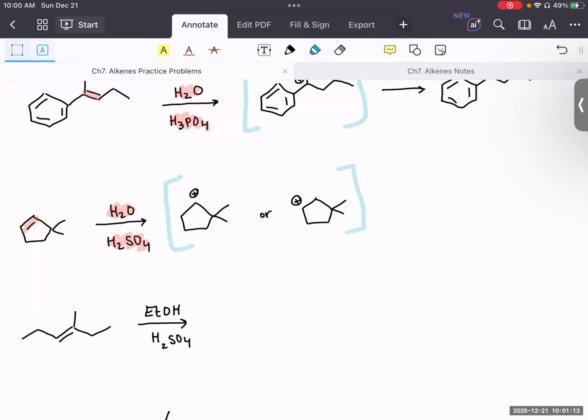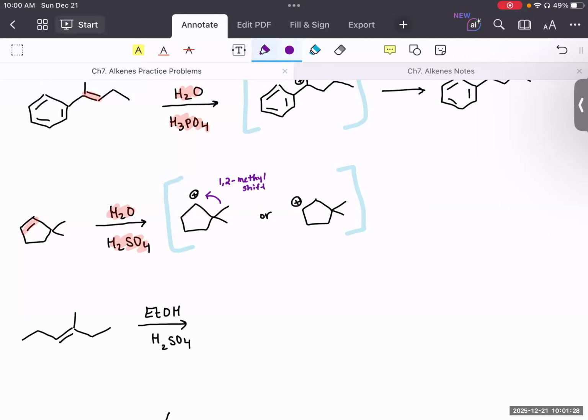And so for this first one, what we can see is that we can actually get a rearrangement from a methyl group shifting over to form the more stable tertiary one in this position here. And I'll redraw it here.